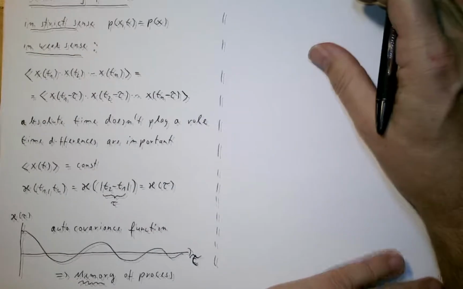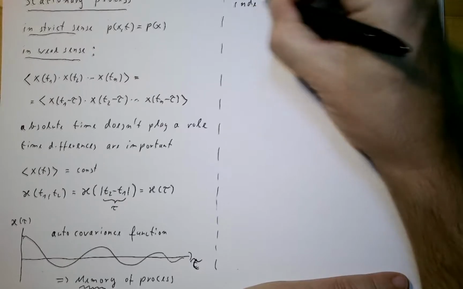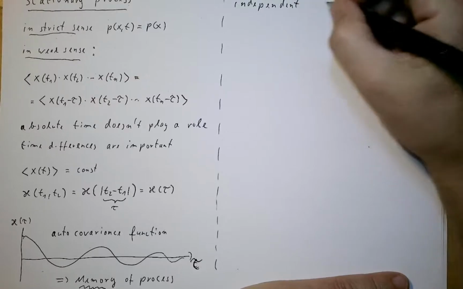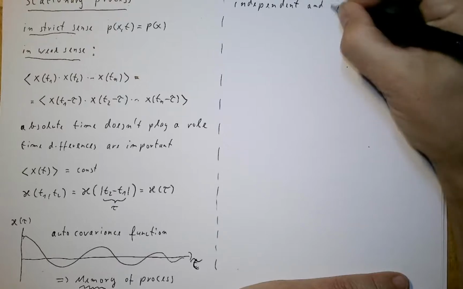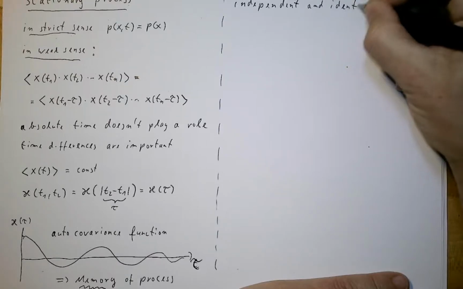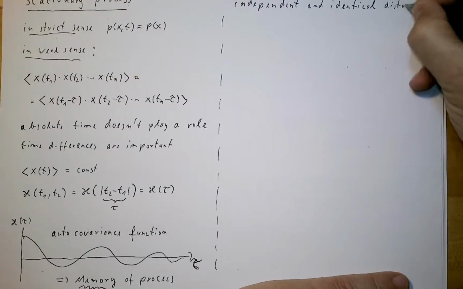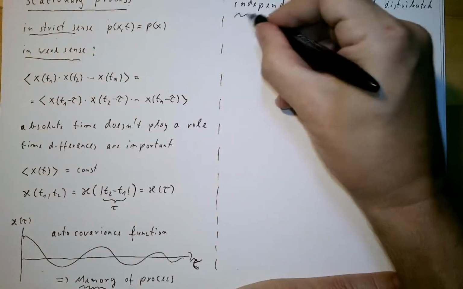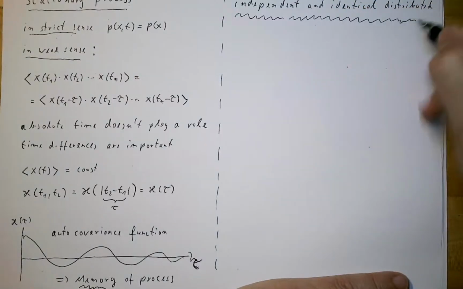And then we typically say we have independent and identically distributed numbers, independent and identical.